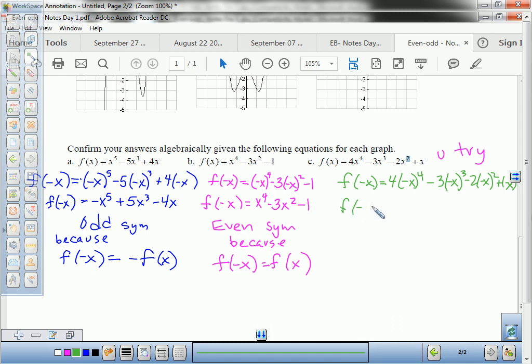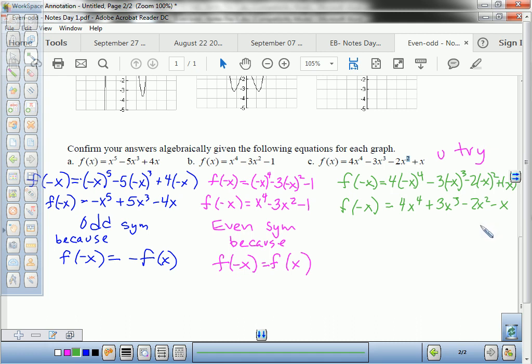So in this one, we plug in negative x. The first one becomes positive. The second one becomes positive. The third one stays negative. And the last one is negative. So, same, opposite. Same, opposite. Did they all stay the same?